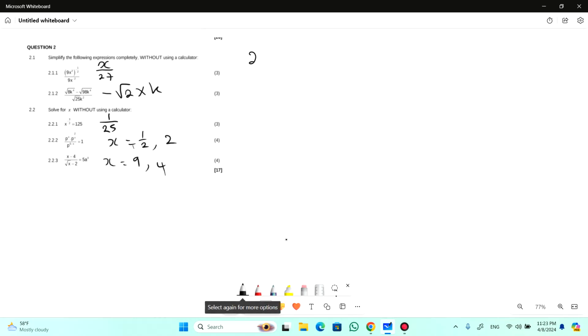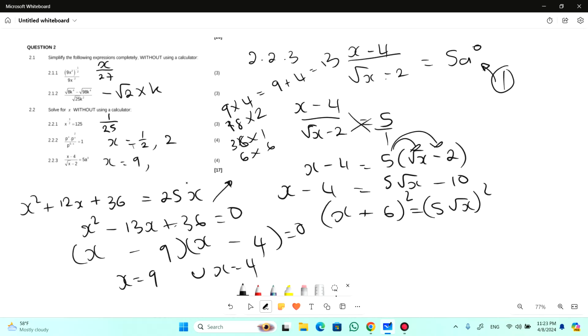Well, we have x minus 4, replace the x with one of these two numbers here, so I can put a 4 there. x will be 4.